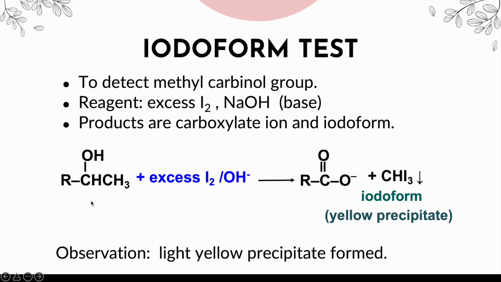If there is methyl carbinol, you will see the products iodoform and carboxylate ion if you react it with excess iodine in the presence of hydroxide ion. Observation: a light yellow precipitate is formed.